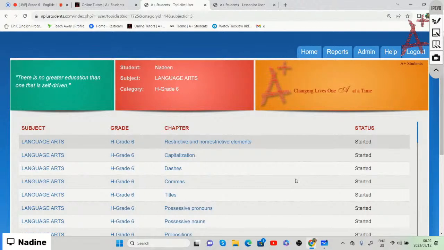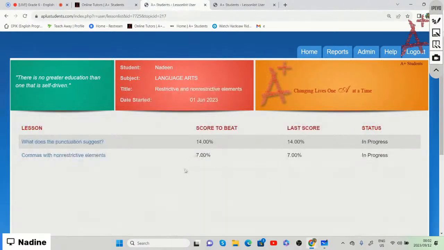So if we go into our chapter, the lessons that we are going to be focusing on today under the chapter restrictive and non-restrictive elements are what does the punctuation suggest, and commas with non-restrictive elements. So we are going to basically find out what restrictive elements are and what non-restrictive elements are, right?